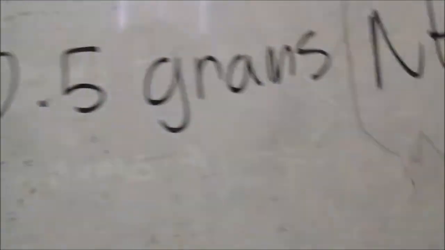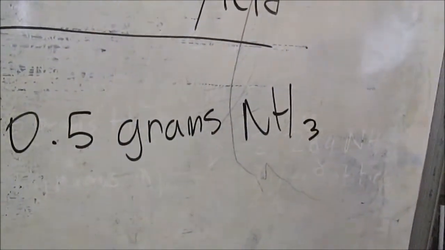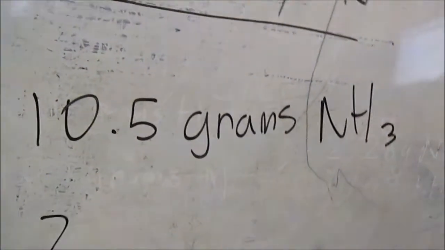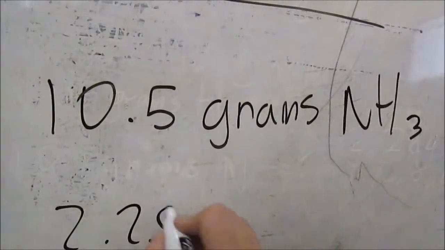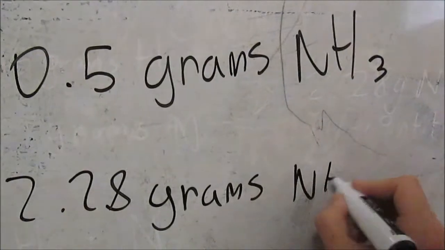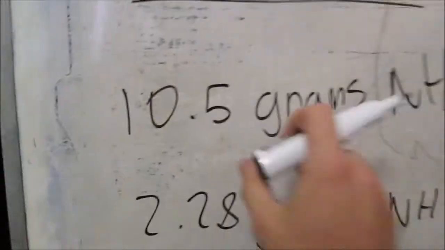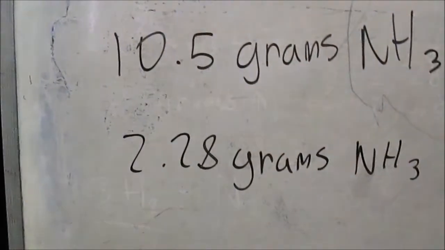Then when we go into the lab and we decide to try this chemical process for ourselves, we end up only making 2.28 grams of ammonia. A very disappointingly small quantity compared to what we could get theoretically. We had a very inefficient reaction.